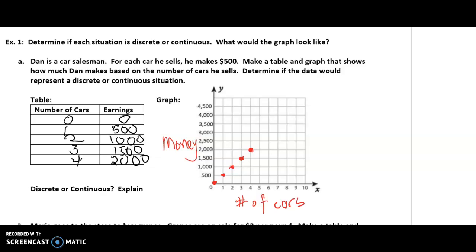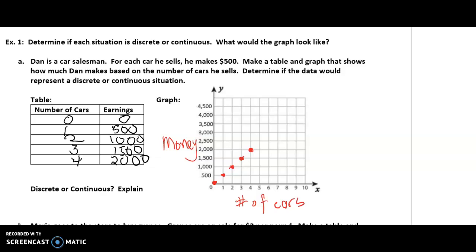Now recall that a discrete graph contains discrete data, which means that the data represents counting numbers or countable values. And in those cases, fractions or decimals do not make sense. Here, because we are talking about the number of cars that Dan can sell, that's our independent variable, right?